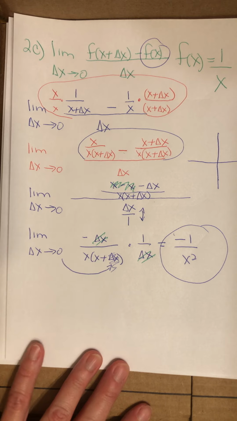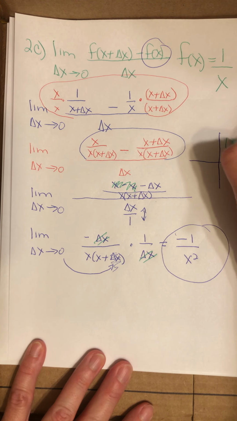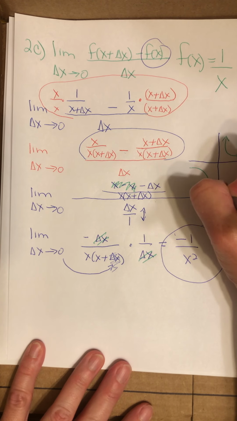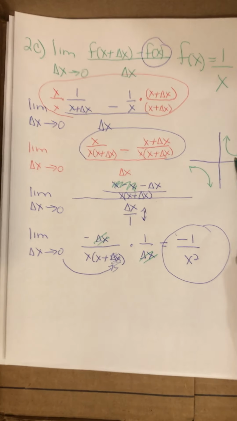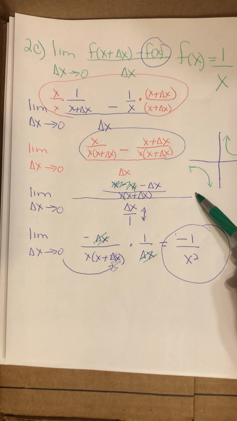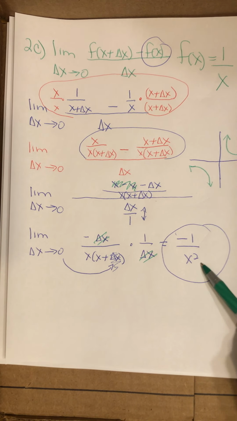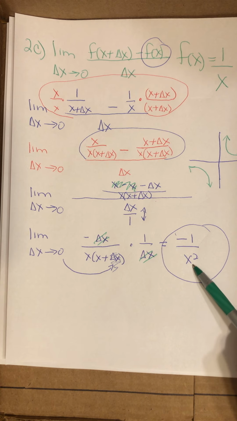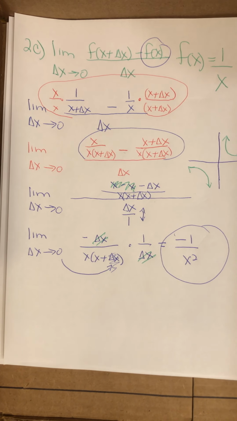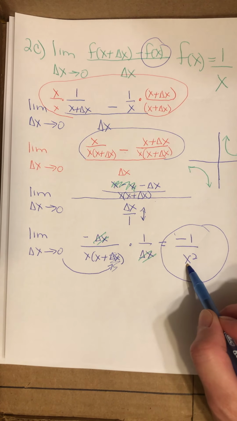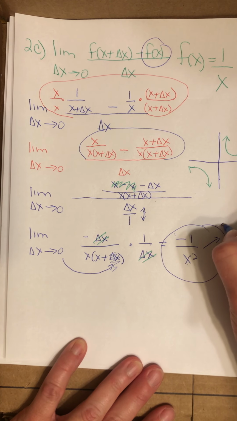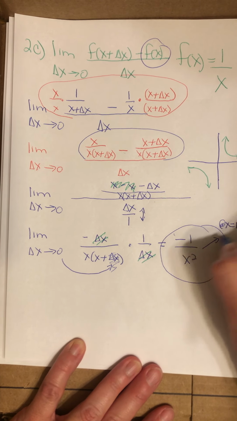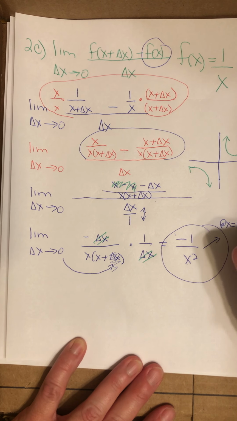It means that if you graph the function 1 over x, the rational expression, you know what it looks like. It means that for any x on this original function, its slope function is negative 1 over x squared. In other words, notice where x is 1, if I put a 1 into the slope function, I get a negative 1 out.